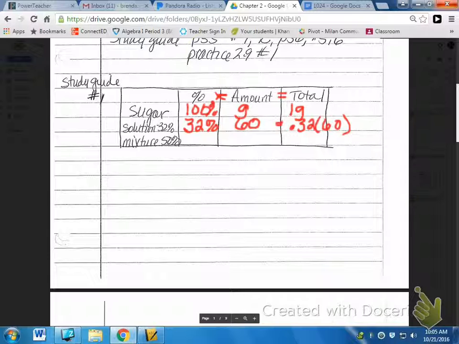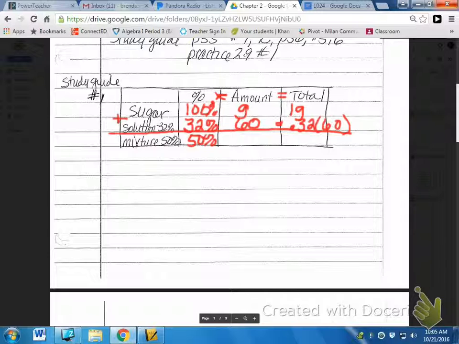Now here's the mixture. The mixture that we want to obtain is 50%. Well, we know the percentage then. It doesn't come right out and say the amount though. But I'm going to tell you a secret. When you're doing these mixture problems, it's basically the top row plus the next row, and it equals that row. So if I added the amounts together from the 100% sugar and the 32% solution, how much would be in that mixture?